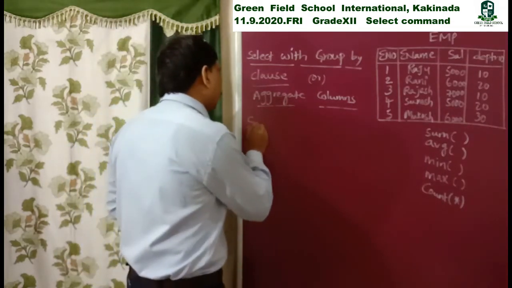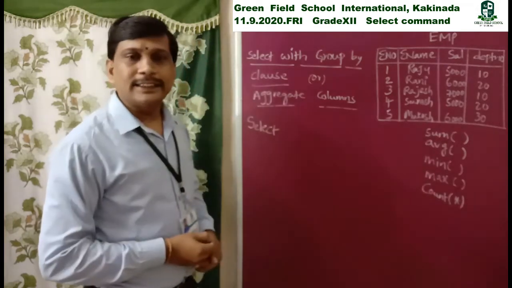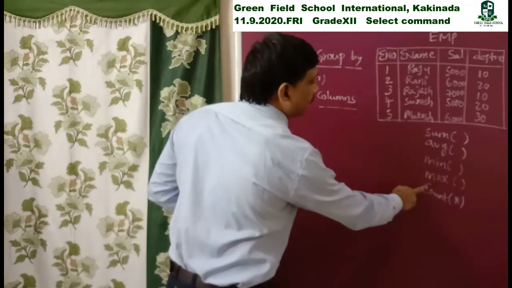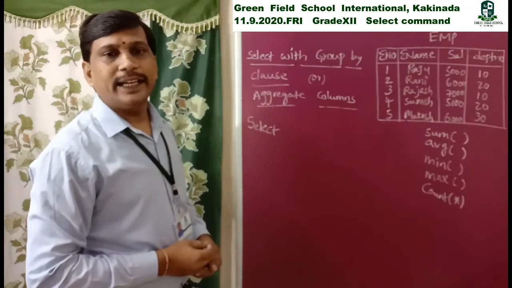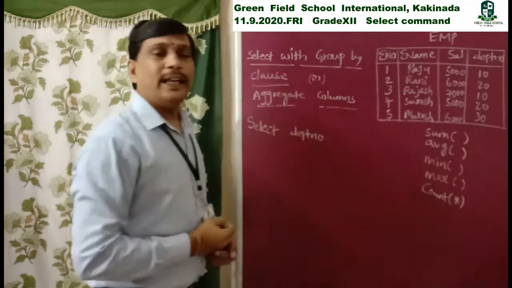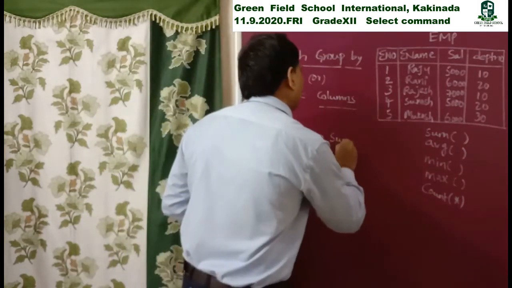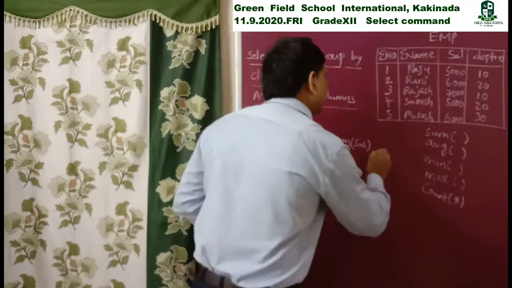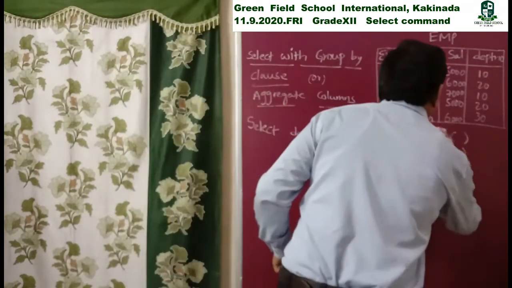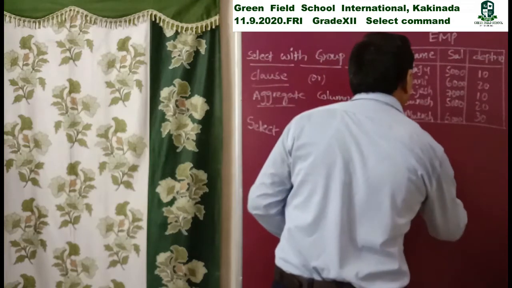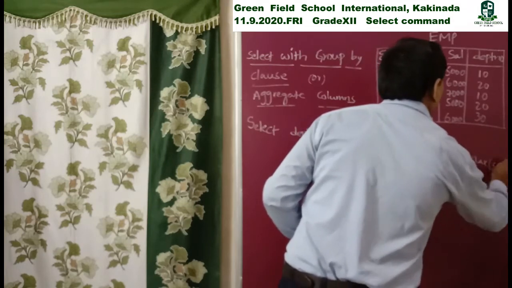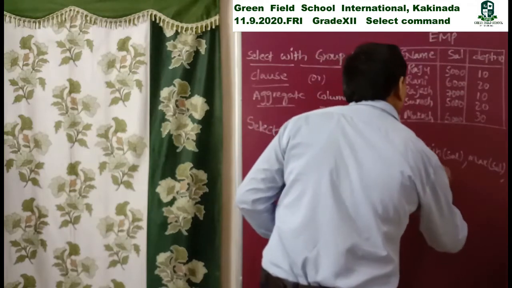I write one example here: select department number, sum of sal, AVG of sal, min of sal, max of sal, count of star.